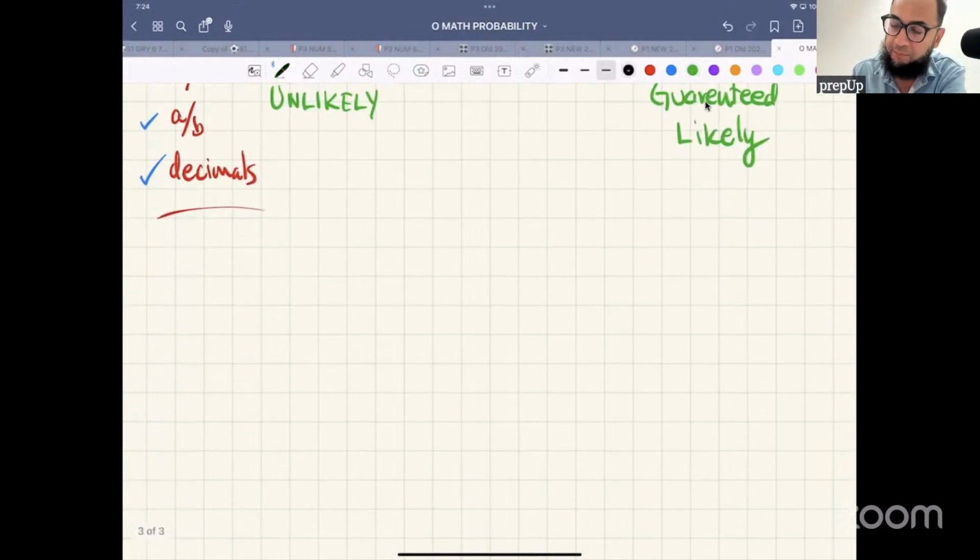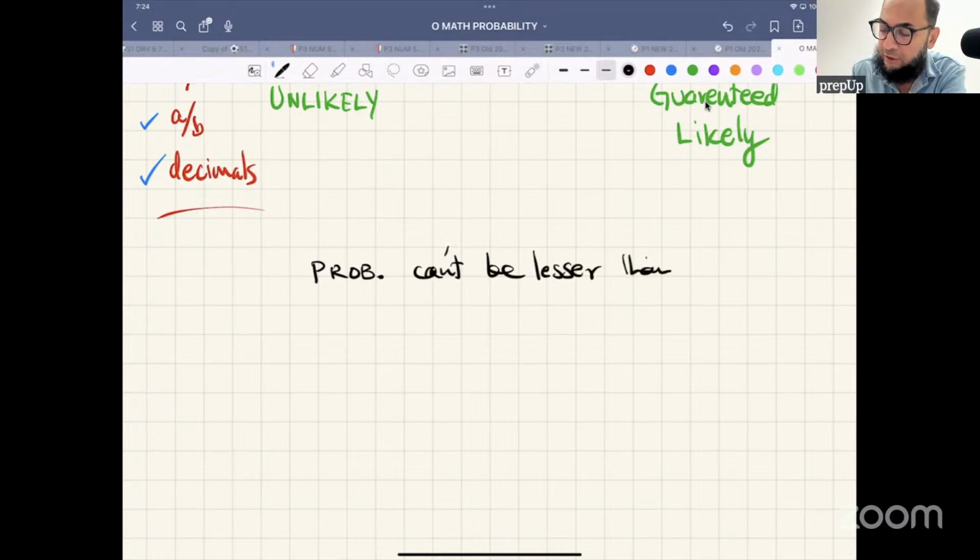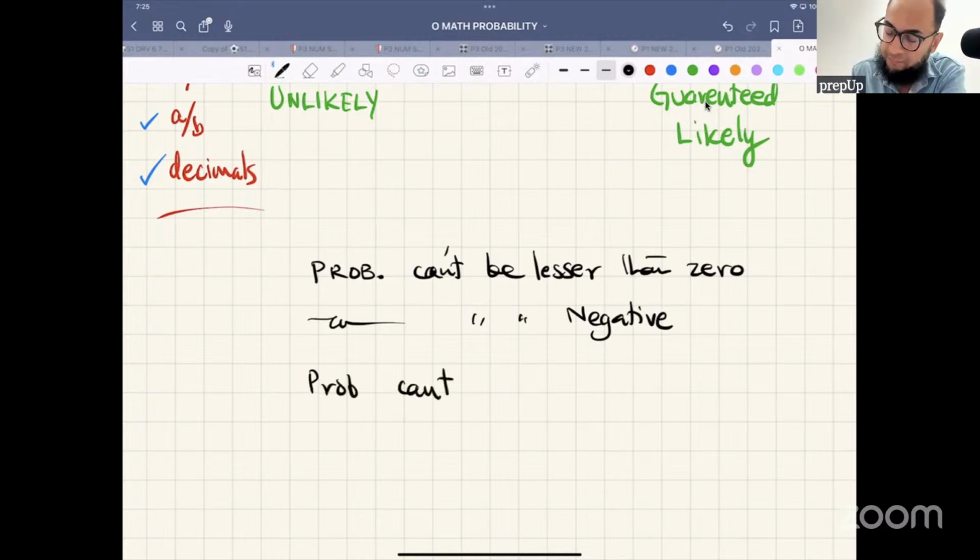That means, let me spell it out. Probability, this is the shortcut that I'll use, can't be less than 0, which means probability cannot be negative, and at the same time probability can't exceed 1.